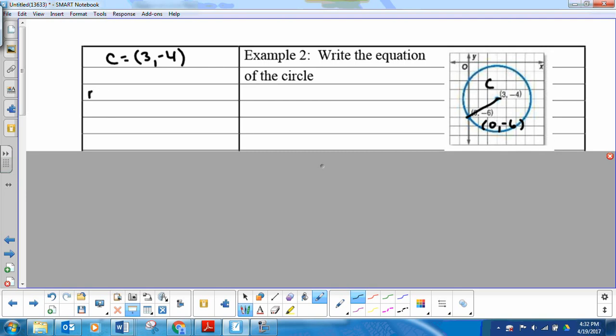We'll call it R because that's exactly what that's going to give us, and we'll put our distance formula over here. We're going to do x minus x, so we'll do (3 − 0)² plus (−4 − (−6))².